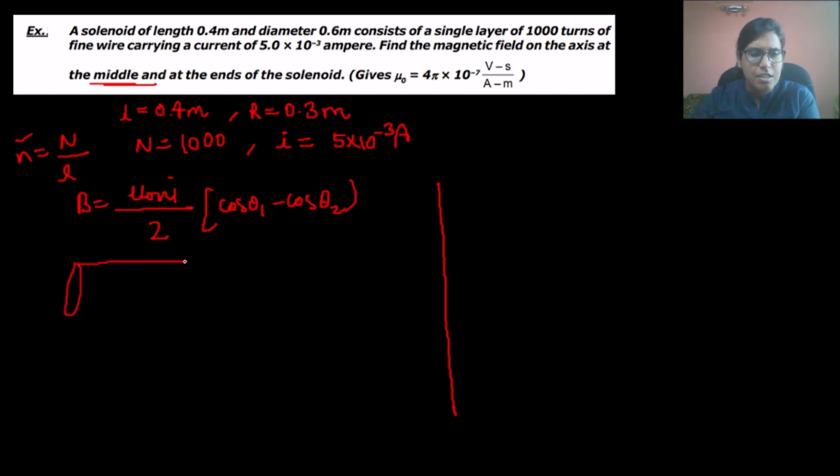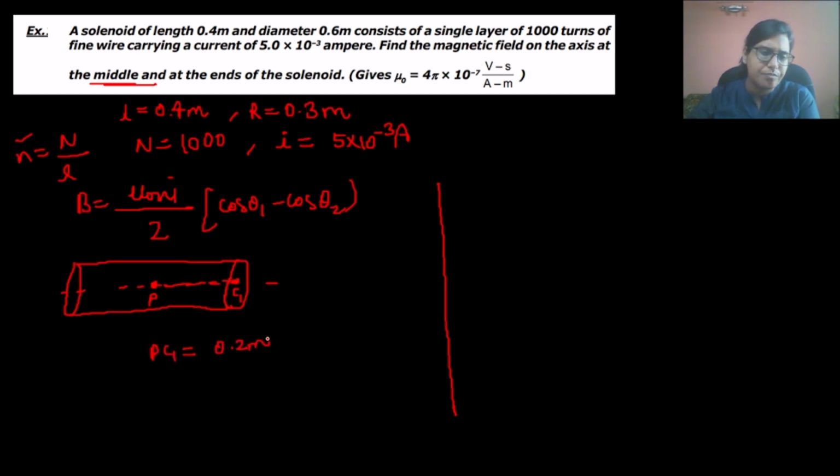So suppose this is the solenoid and we have to calculate here in the middle of the solenoid. If the length is given as 0.4 meter, then P, this is the center, suppose this is C1. So PC1 will be L by 2, that means 0.2 meter.